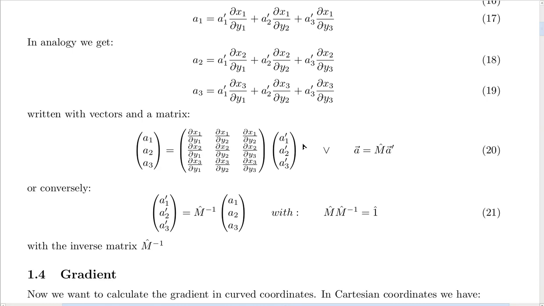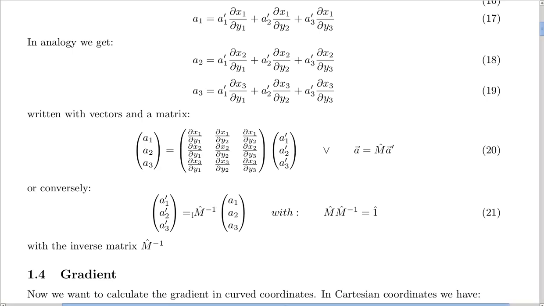So we have here the vector of A1, A2, A3, and here the vector with the primed coordinates, and here the matrix with all the differential quotients. Or we can write it shorter like this. A vector is equal to the matrix M multiplied by the primed vector A.